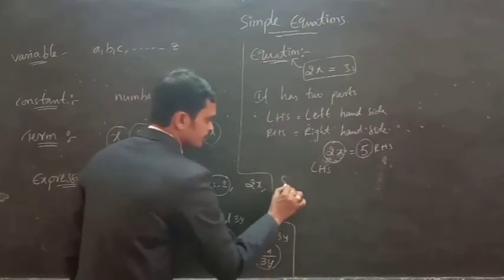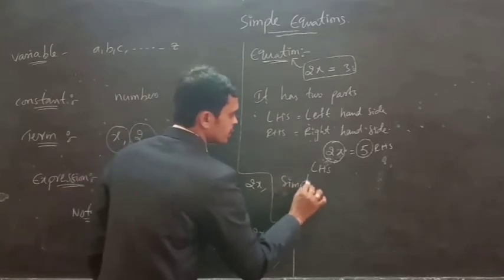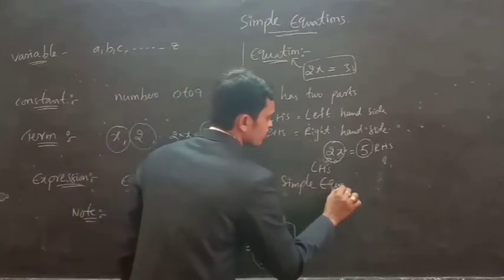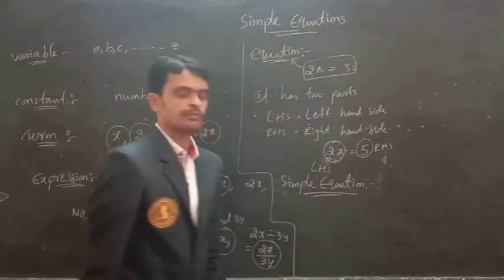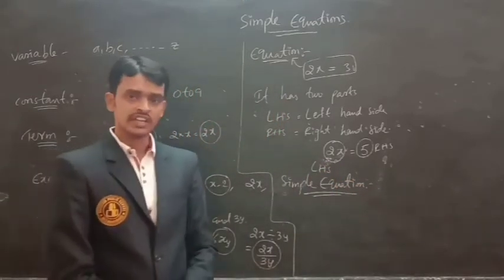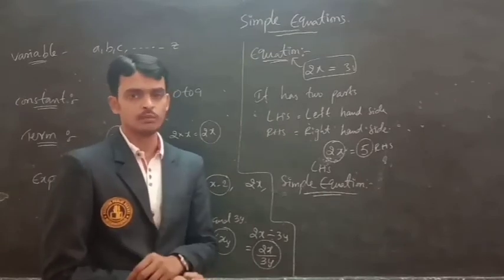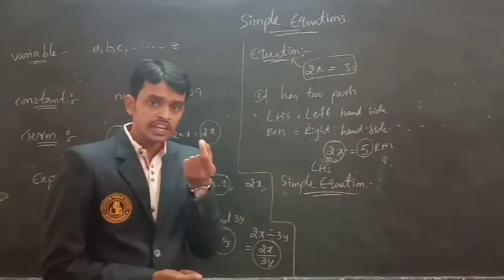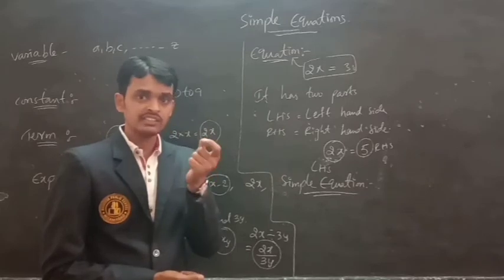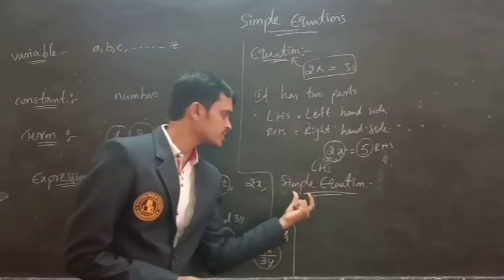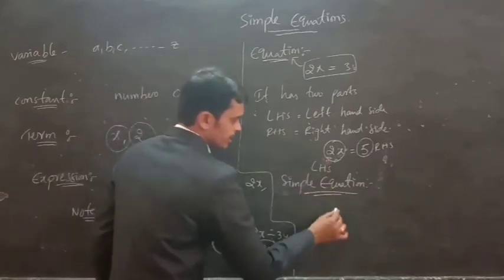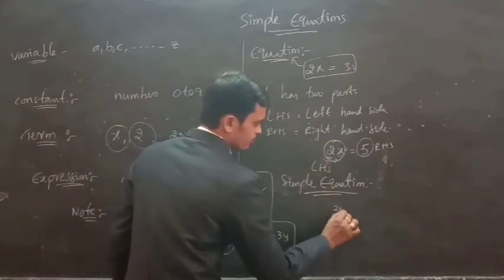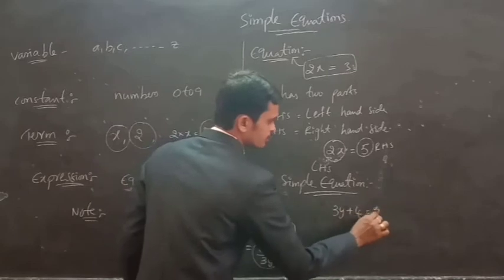Now next, simple equation. An equation that consists of one variable with degree 1 is called a simple equation. So I am writing 3y + 4 = 5.